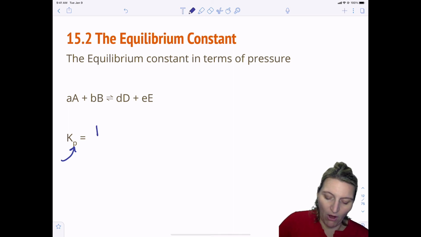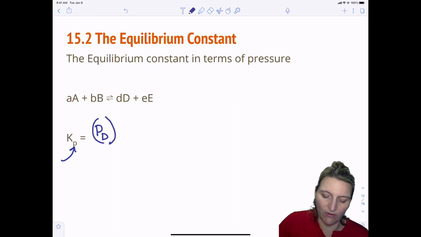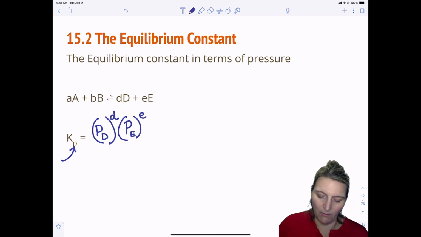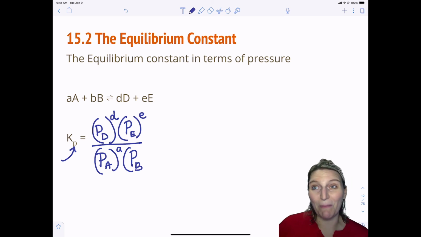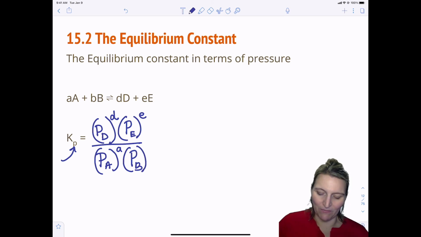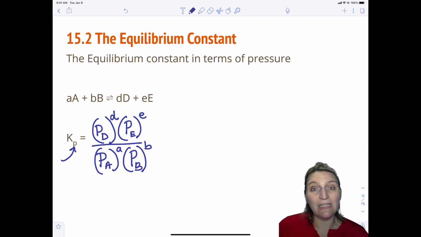So we would say the partial pressure of compound D, and then put that in parentheses, raised to the d power, times the partial pressure of compound E, raised to the e power, over the partial pressure of compound A, raised to the a power, times the partial pressure of compound B raised to the b power. So you just need to make sure that you're using the P's for pressure and the brackets for concentration.